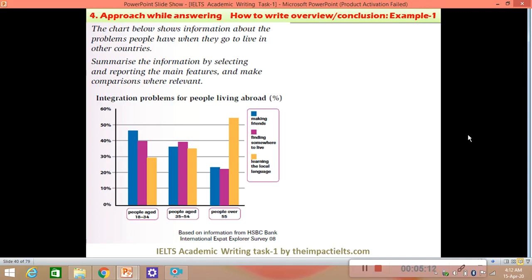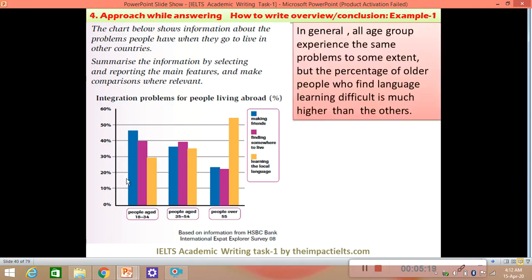So the first example, again for the first question, you know the picture, you have written it. Overall, if you clearly look at this, you can get an idea that this blue color is decreasing, this violet color is decreasing, but this one is not, so perhaps this kind of thing, right?